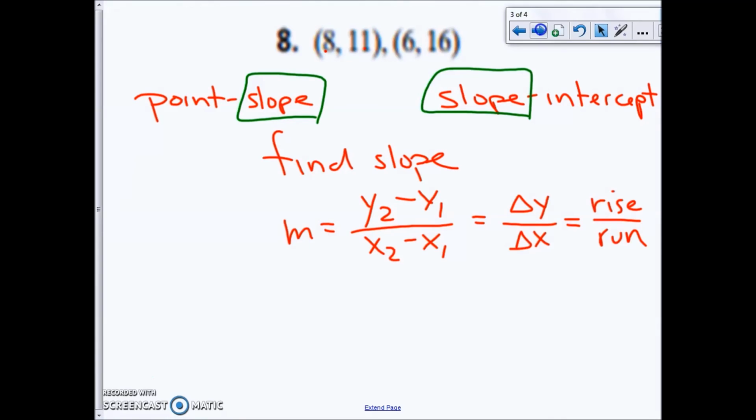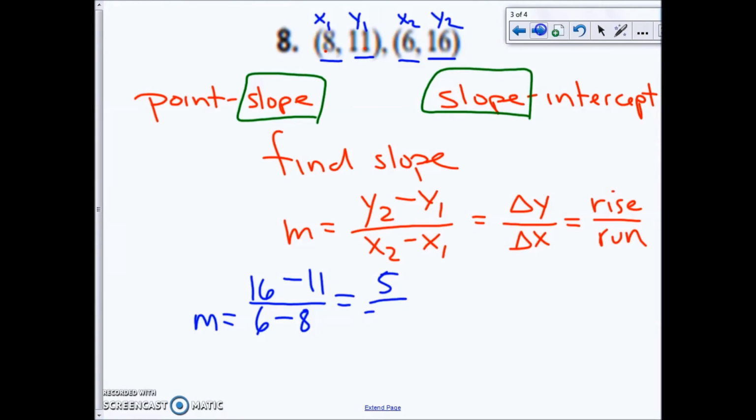So what we're going to do is first find the slope. Let's take a look. Let's label these points up here. This will be my x1, this will be my y1, this will be my x2, this will be my y2. So m equals 16 minus 11, divided by 6 minus 8.